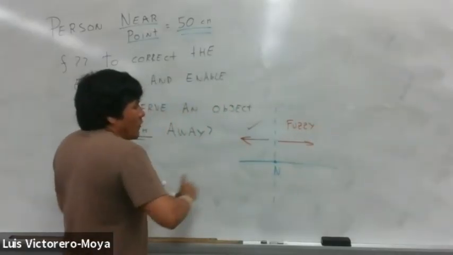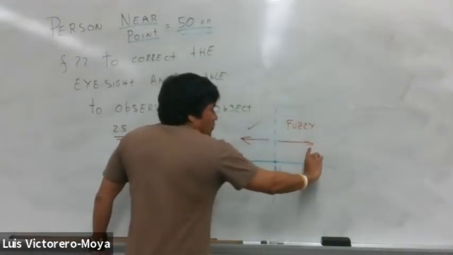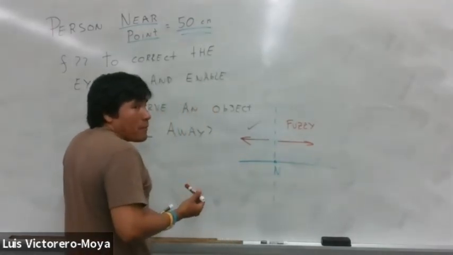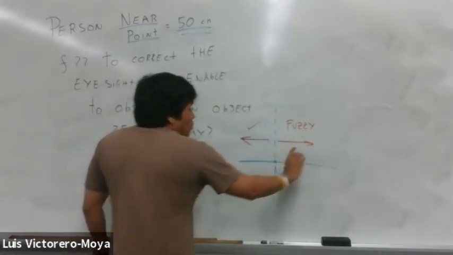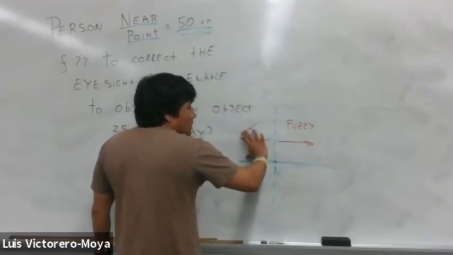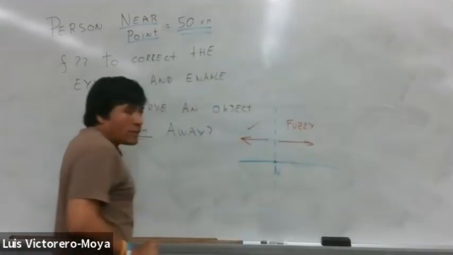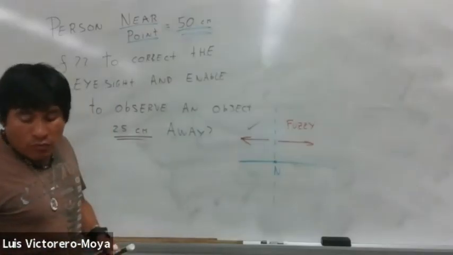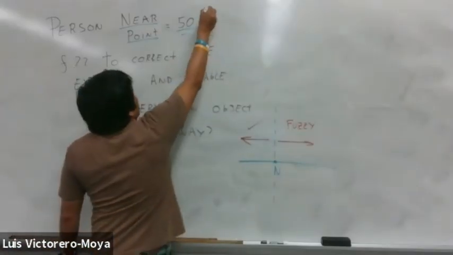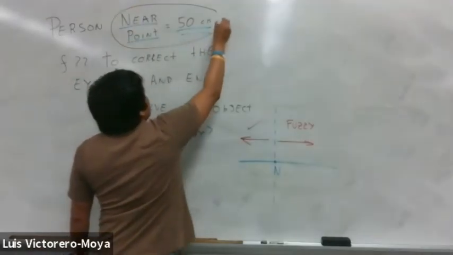So if you have an object within the near point, you won't be able to see it, it will be blurry. You need to make the image at the near point or farther to be able to project it on the retina. That's from theory. So the near point will be your Q.